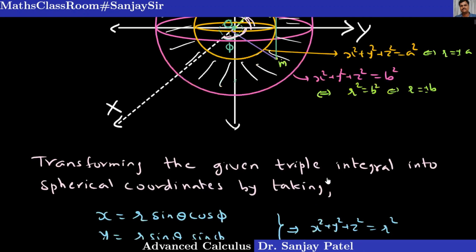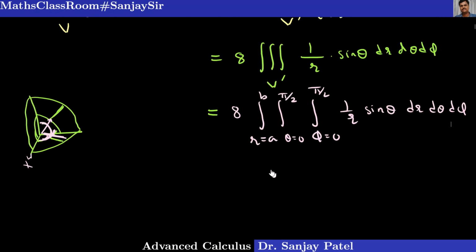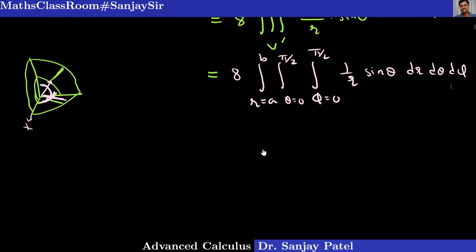So what we can write here is phi varies from 0 to pi by 2, then that is 1 upon r sine theta dr, d theta and d phi. And note that all the limits of integration are constants, and each of these terms does not contain the other variable.